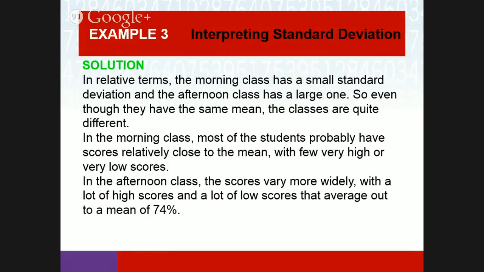Standard deviation would have been much larger as well, because you're taking every data point minus the mean, adding that all up and dividing by n minus 1. And then the square root makes sense in this case, in the picture. So the scores are quite different. In the first class, they're all really close to this mean. And in the second class, you have some high scores and some low scores that average to be the same.